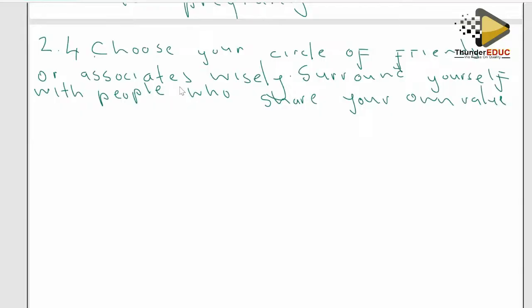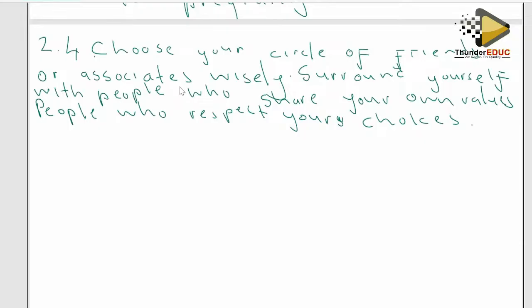Must surround yourself with people who share your own values, who respect your choices. Must surround yourself with people who respect your choices as well. That is another thing. Surround yourself with people who respect your choices and support your decisions.